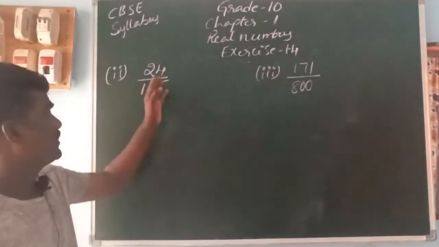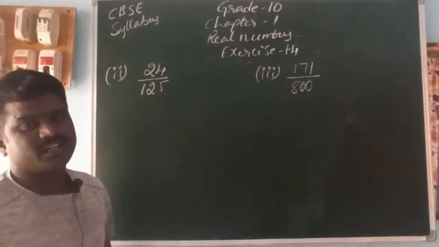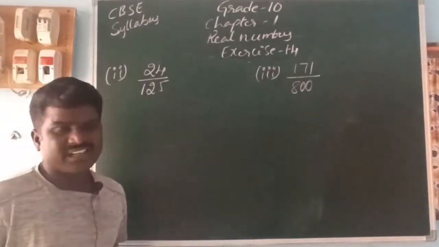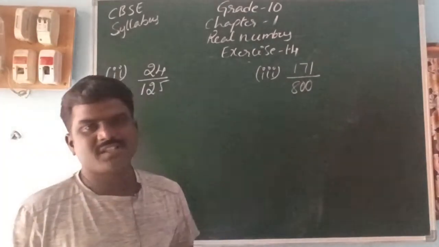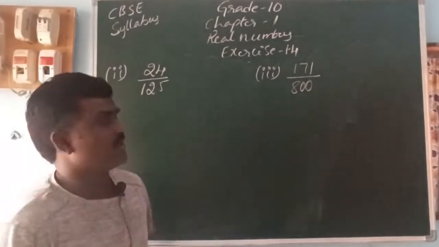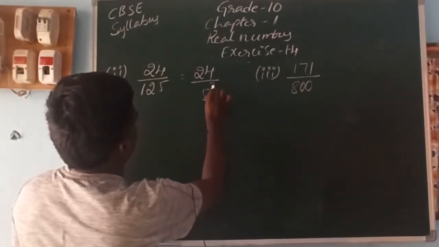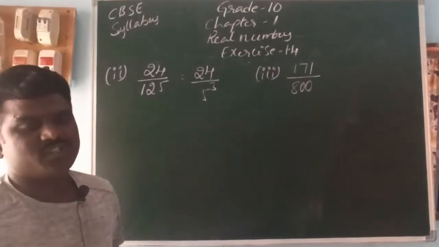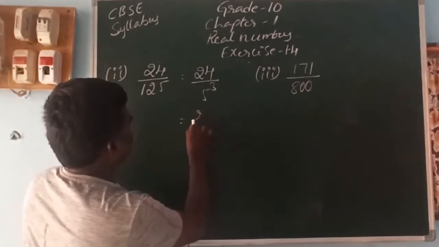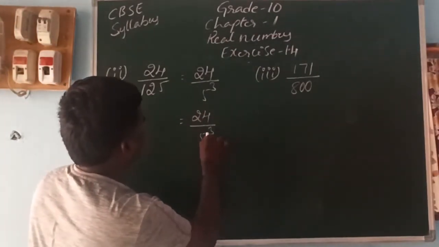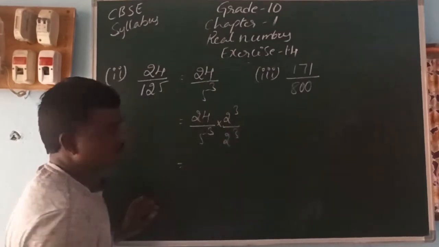Next, the second one, 24 by 125. The denominator 125 can be written in prime factorization as 5 cube: 5 times 5 is 25, 25 times 5 is 125. So we write it as 24 by 5 cube. The 5 cube is multiplied by which number to become a power of 10? We multiply by 2 cube: 24 by 5 cube into 2 cube by 2 cube. 2 cube is 8.